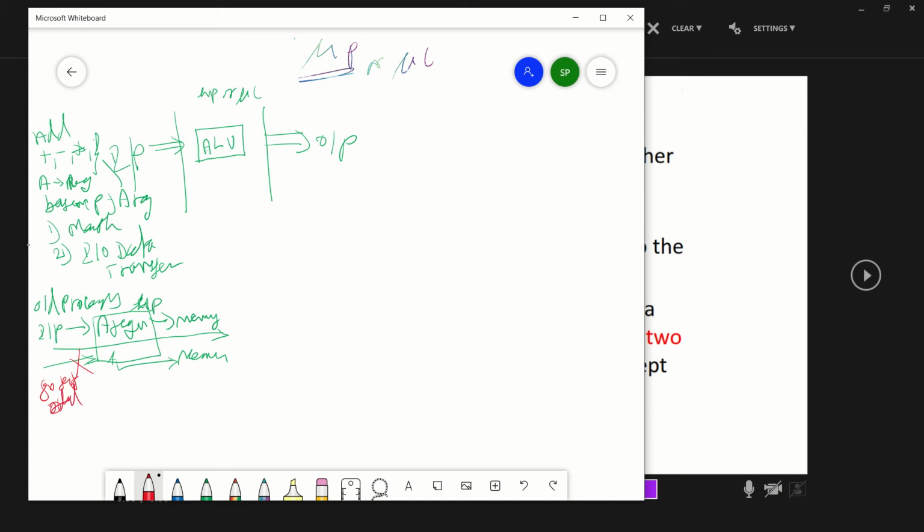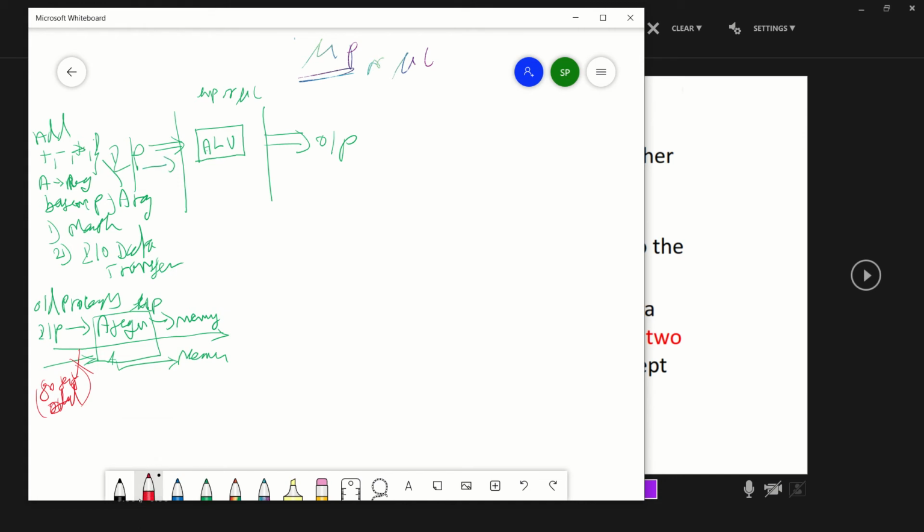But nowadays there are many updated versions available. I am talking about the old processors. So what are we going to do? I want to transfer the data from the input unit.